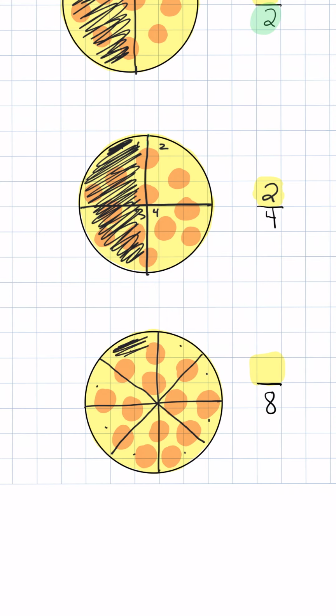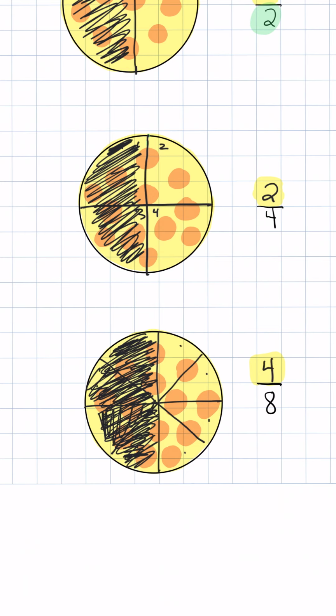So I'm still eating 1, 2, 3, 4 pieces. To eat that same amount of the half that I've been eating, I'm now eating 4 pieces. 4 out of 8. There were 8 pieces altogether. I'm eating 4 of them. I'm still eating half a pizza.